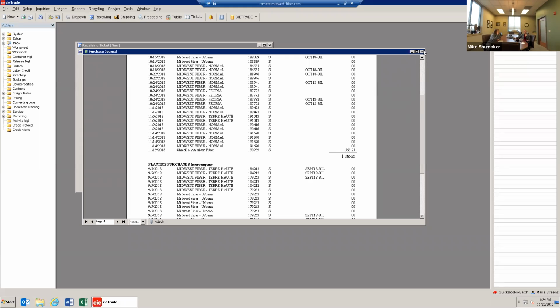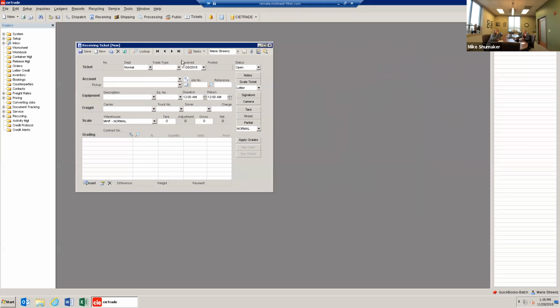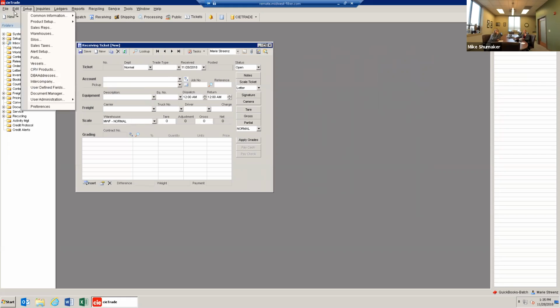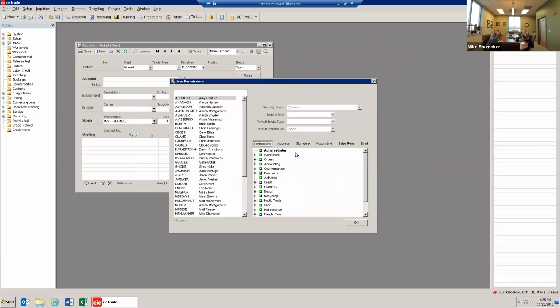I think mine automatically pops up plant. Some of you might have that because when I set up permissions in C-Trade, here it is, I put some people with default trade types.